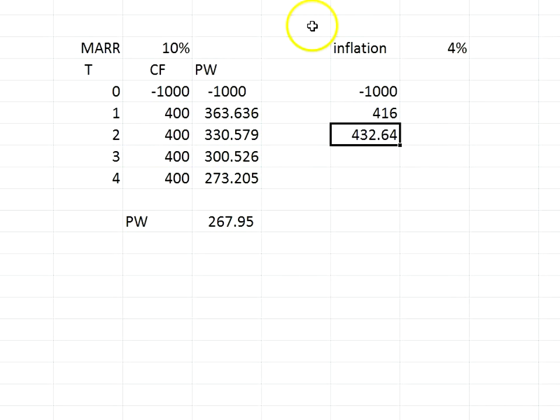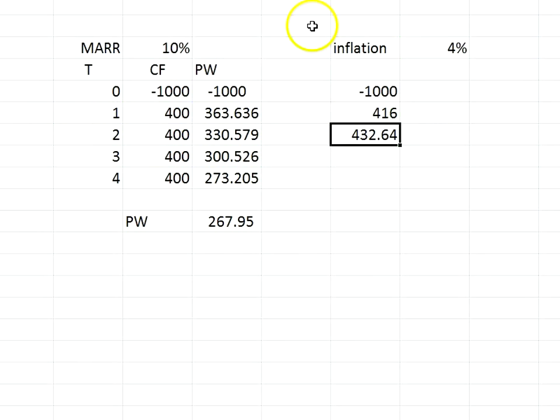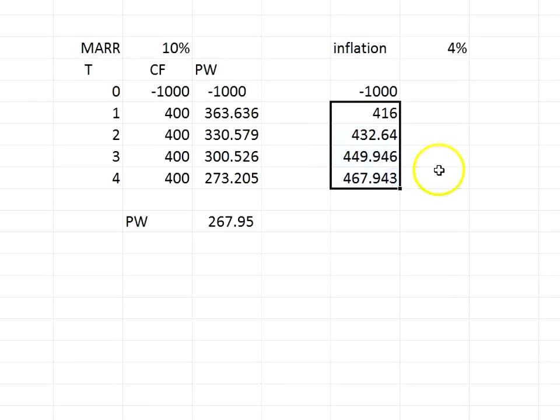If we continue with this process, you can see what the pattern is. I can simplify this expression as the 400 times 1 plus the inflation, if inflation is to remain the same, to the t. And that is going to be the effect in the next 4 years.